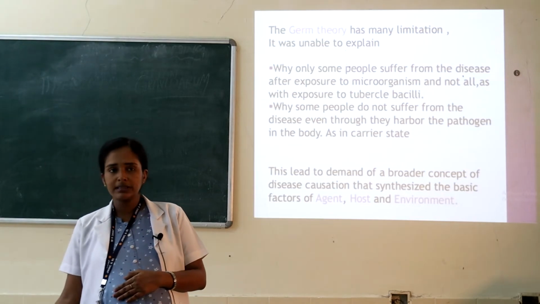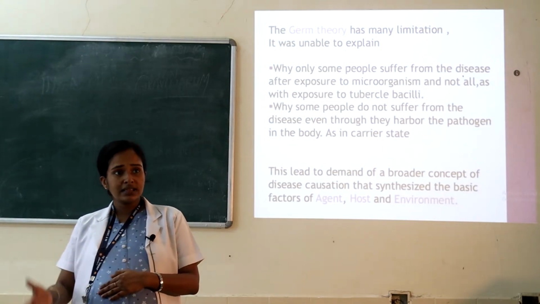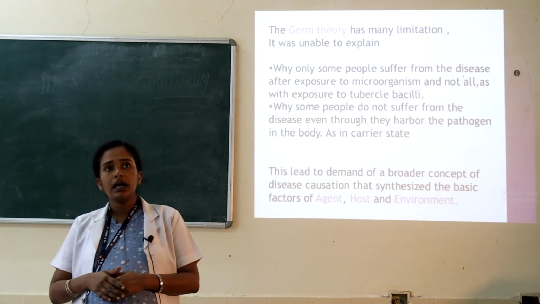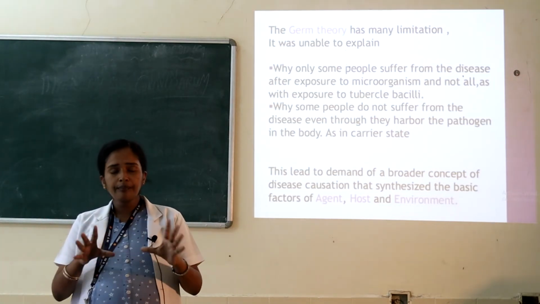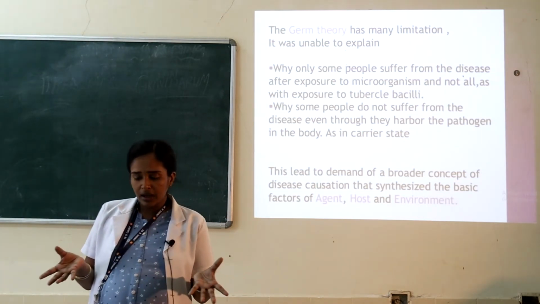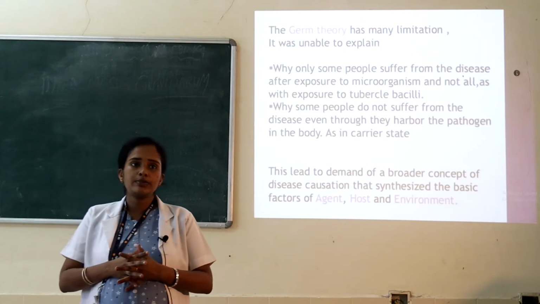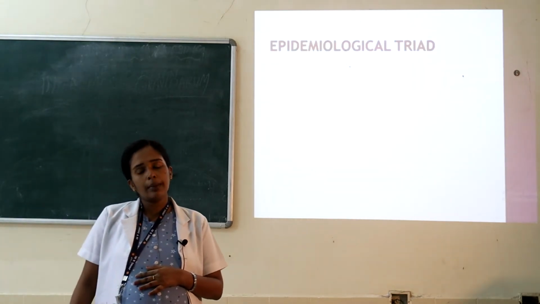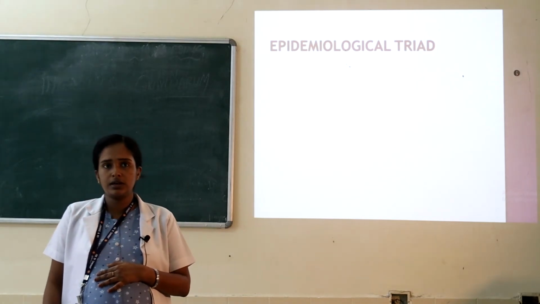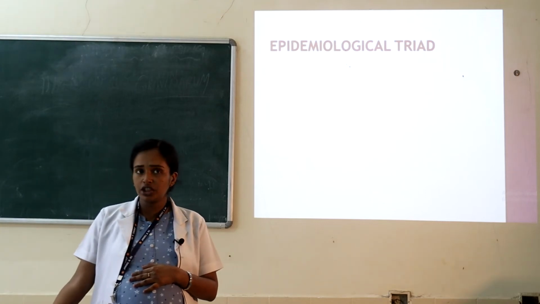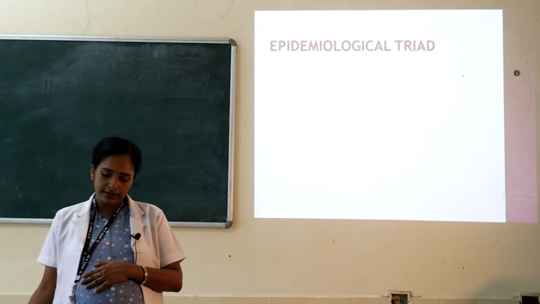Since germ theory has some limitations, there was a demand for a broader theory, a broader concept which explained the causation of a disease. So, it moved from the germ theory of disease causation into the epidemiological triad of disease causation.